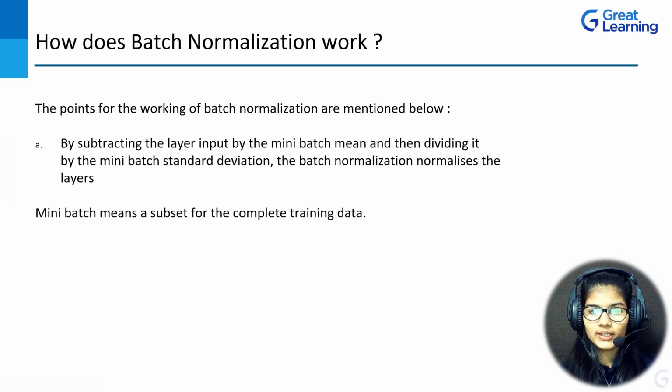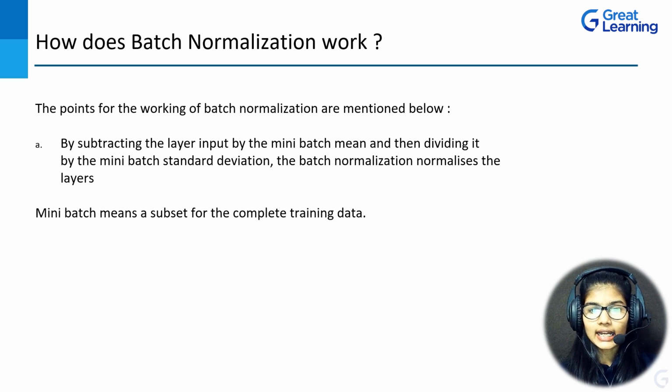Mini batch means a subset of the complete training data. Whatever data you are training, you have the data and you train on it, right? This is what is happening in deep learning. In very simple terms, you have data and you train on it according to your needs, requirements, and the conditions for which you are using that data.